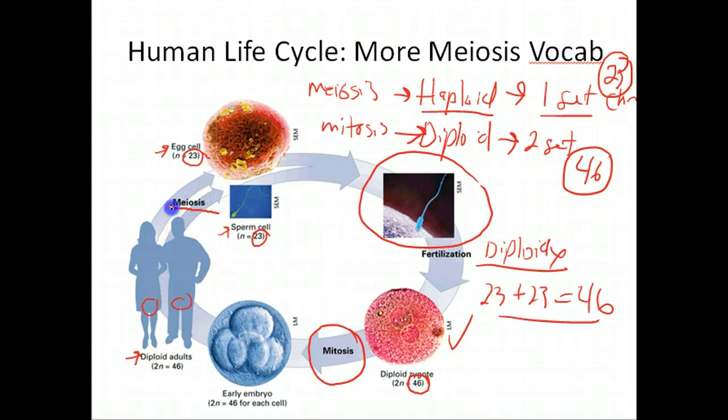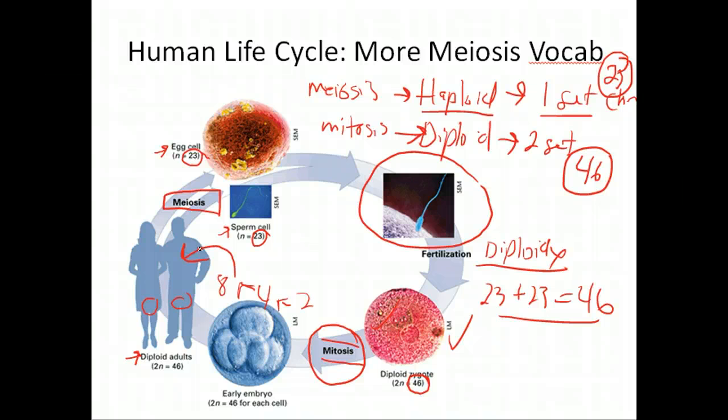If you remember over here, we're creating haploid cells through meiosis, but to double our diploid cells, we're going to go back to mitosis, the process you're already familiar with, right? So this one cell becomes 2 through mitosis, the 2 cells become 4 through another round, the 4 cells become 8 through another round, until you're this multicellular complex organism known as a human.